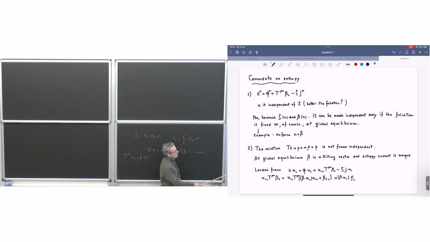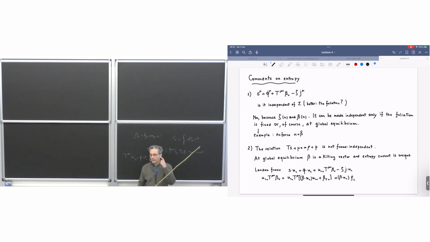So there is a contraction between beta and U, and then you have zeta j dot U_L. Now, U_L T^{mu nu} beta_nu, you can decompose beta along U, because they are two time-like vectors, so I can project beta onto U, which is another time-like vector, supposedly, and I have beta dot U_L plus a vector orthogonal to U.